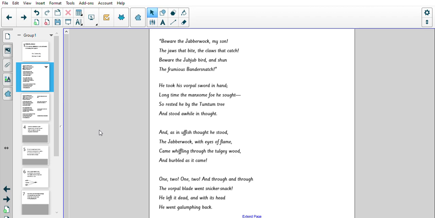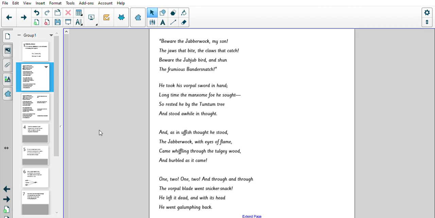Beware the Jabberwock, my son, the jaws that bite, the claws that catch. Beware the Jub bird, and shun the frumious bandersnatch. He took his vorpal sword in hand. Long time the manxome foe he sought. So rested he by the tum-tum tree, and stood a while in thought.